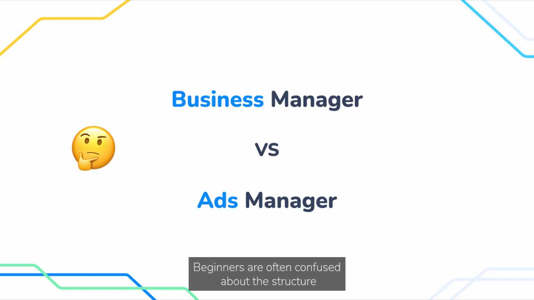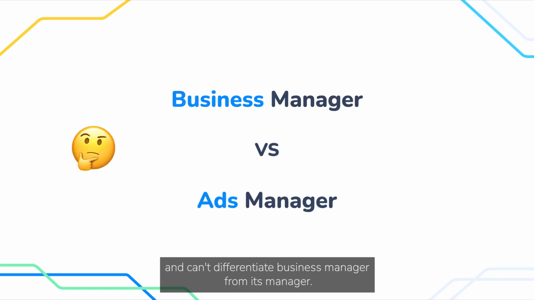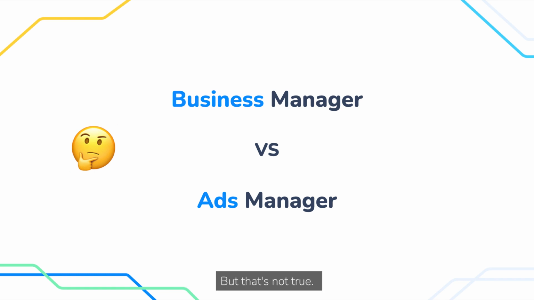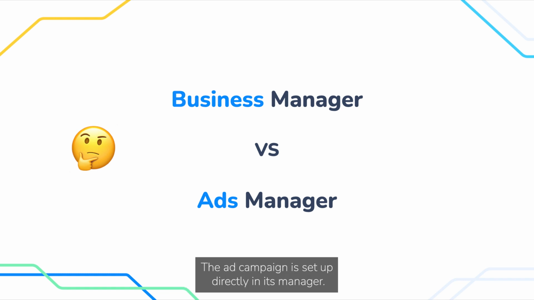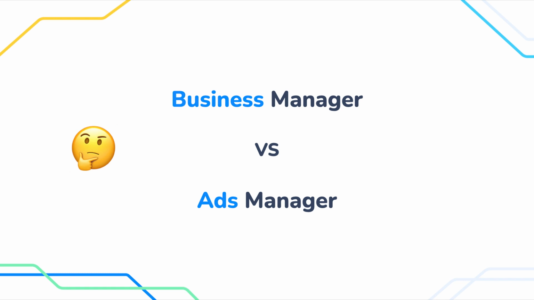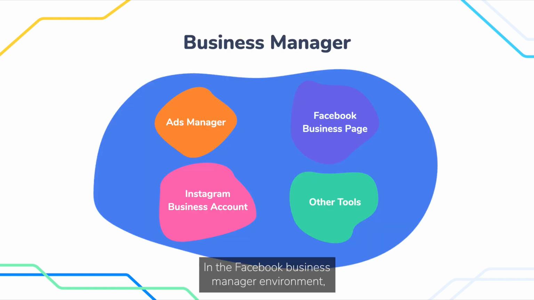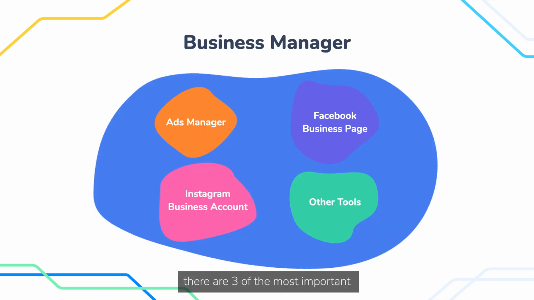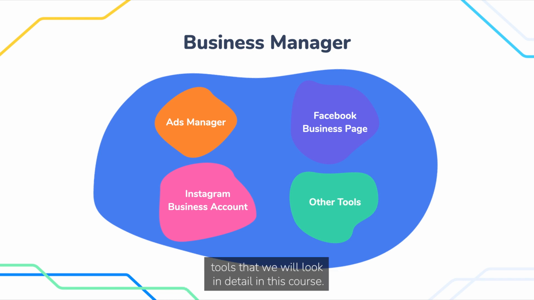Beginners are often confused about the structure and can't differentiate Business Manager from Ads Manager. They think ads can be set up and run in Facebook Business Manager, but that's not true. The ad campaign is set up directly in Ads Manager. Let's understand the Facebook Business Manager tools. In the Facebook Business Manager environment, there are 3 of the most important tools that we will look at in detail in this course.